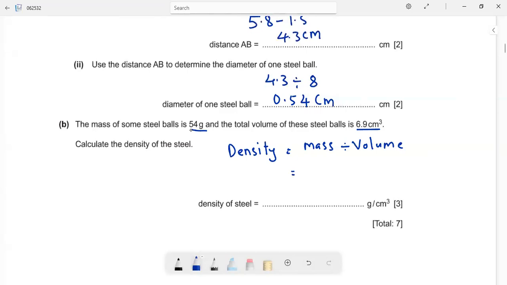So here the mass is 54 gram divided by volume, 6.9 centimeter cube. When you divide, you'll be getting the answer as 7.8 gram per centimeter cube.